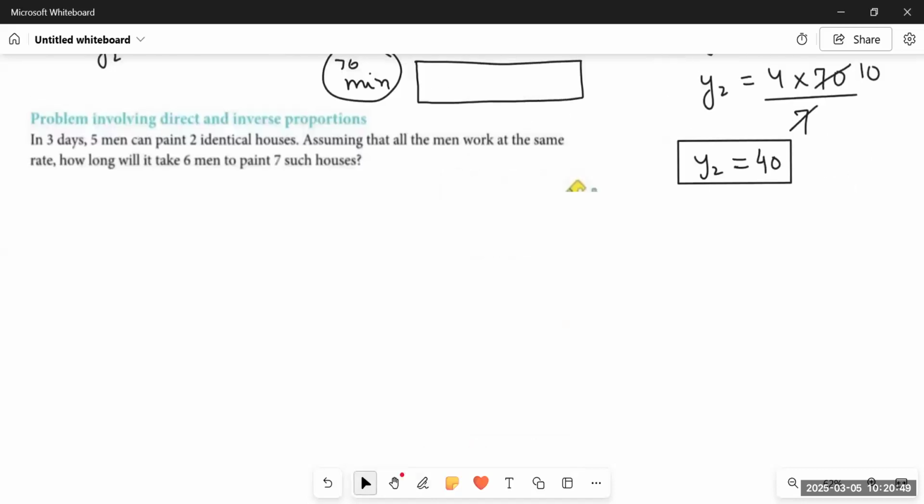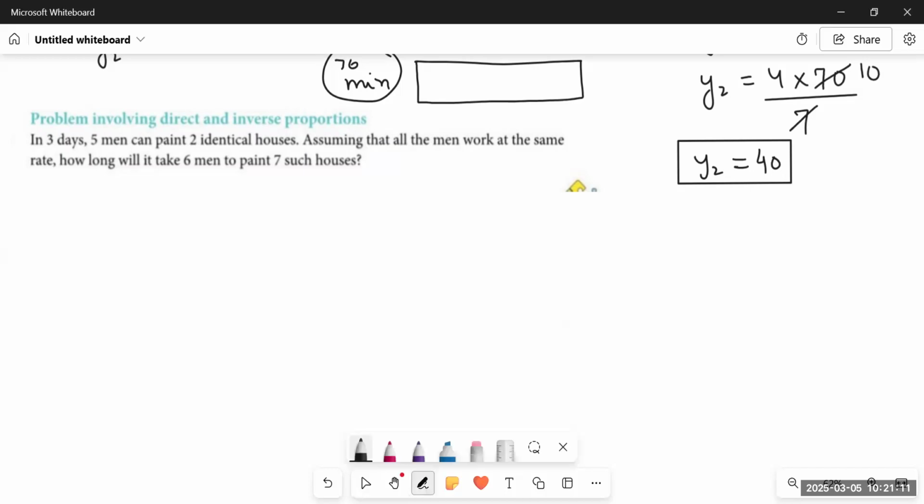Now let's move to the second problem, which is the worked example given on the same page, that is 224, which says in 3 days, 5 men can paint 2 identical houses. Assuming all the men work at the same rate, how long will it take 6 men to paint 7 such houses?